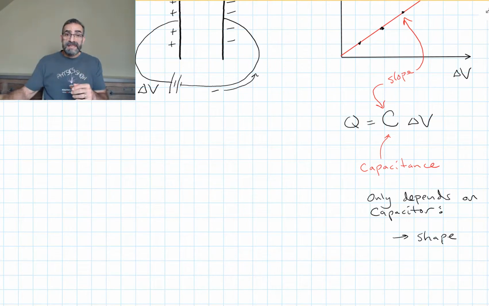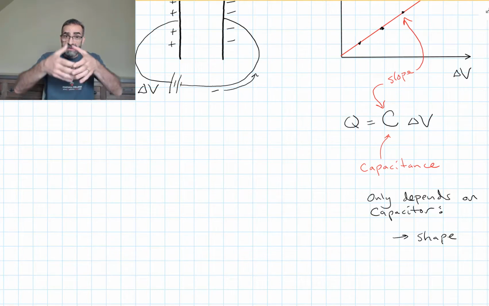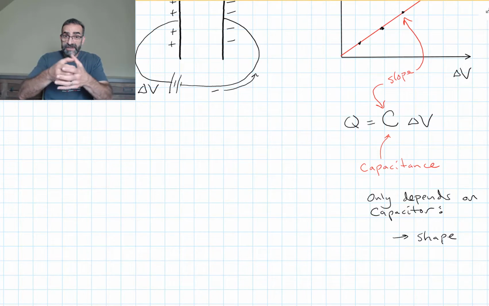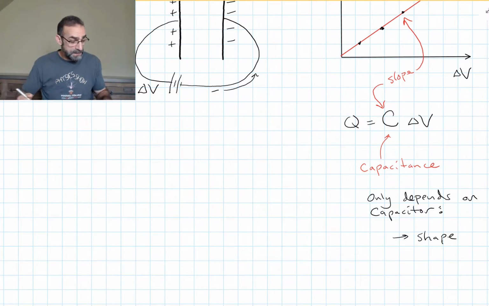Or maybe they're spheres. Maybe it's a spherical conductor inside of a spherical shell. That would also work. Maybe they're cylinders. Maybe there's a center rod with a cylindrical shell over the outside. Concentric cylinders that are conductive pieces would also make a capacitor. So it depends on the shape.